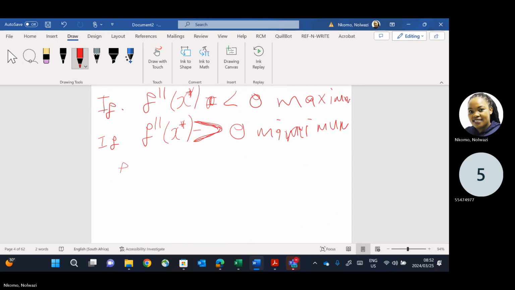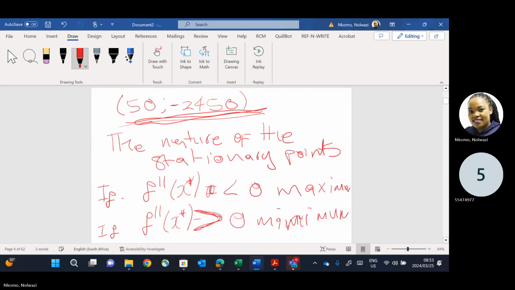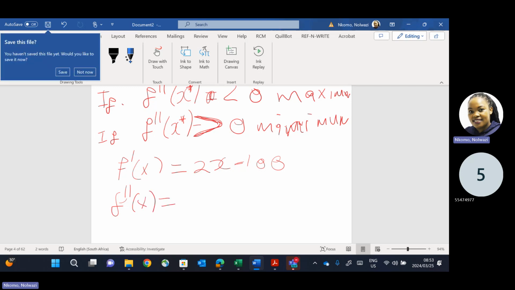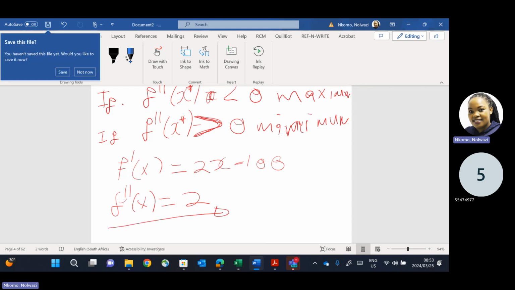We have the first order f prime of x equals 2x minus 100, right? What is the second order derivative of 2x minus 100? If you differentiate this, you will have 2. 2 is positive, right?